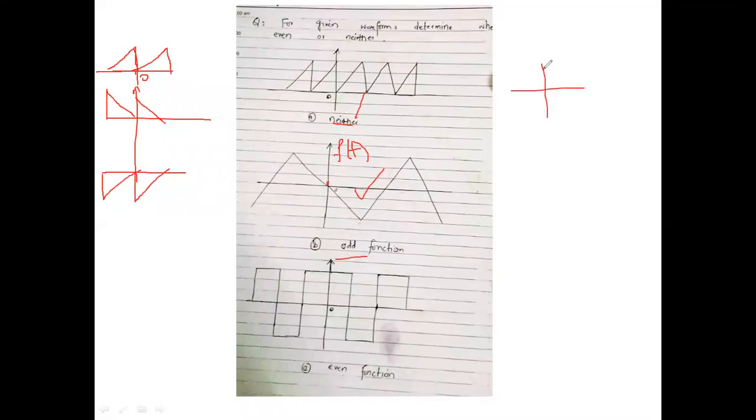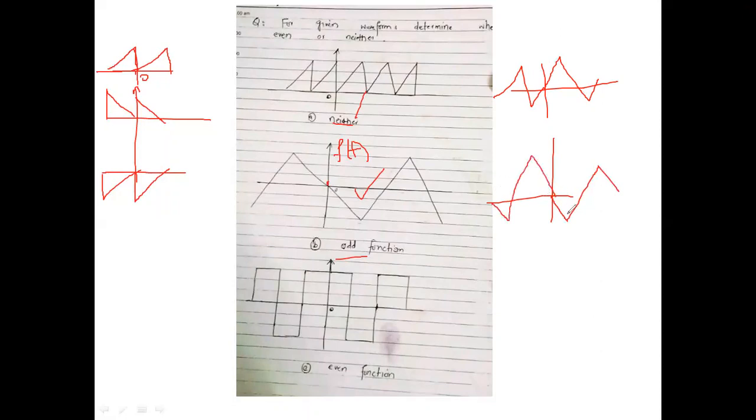After flipping we will get this. After flipping, f of minus t means it is not the even function. Now test for the odd function. Invert it, and you will get the same function as the original one.